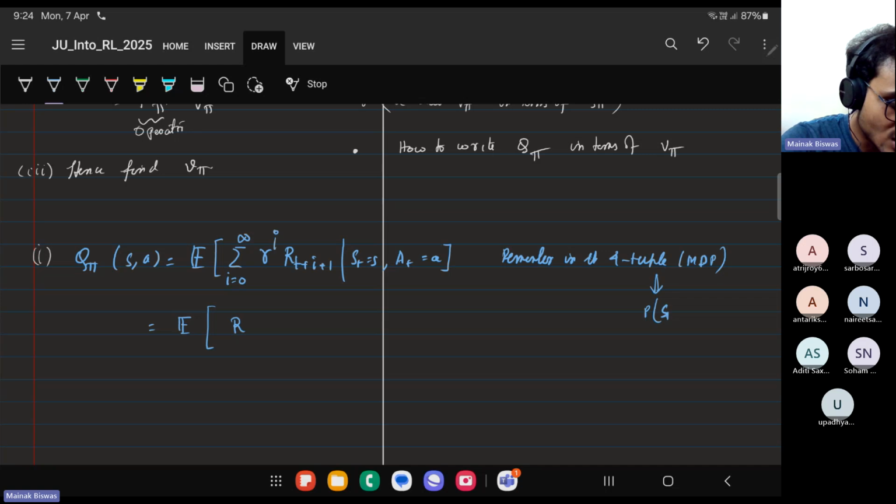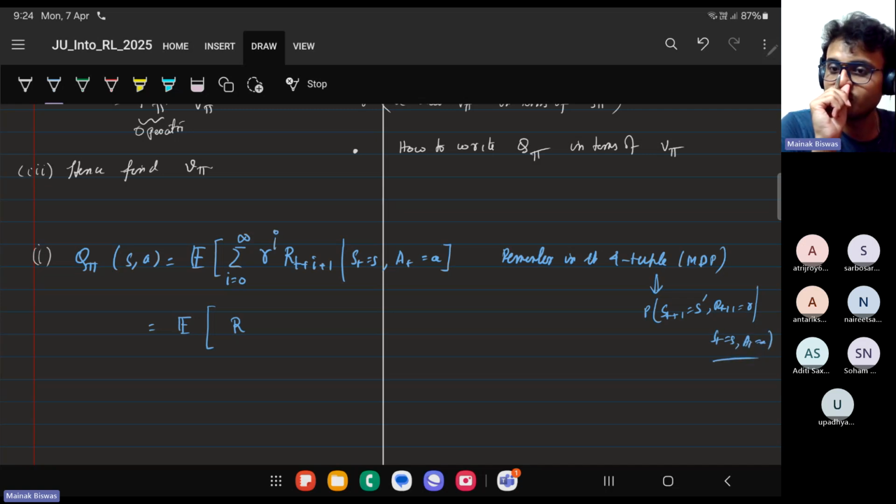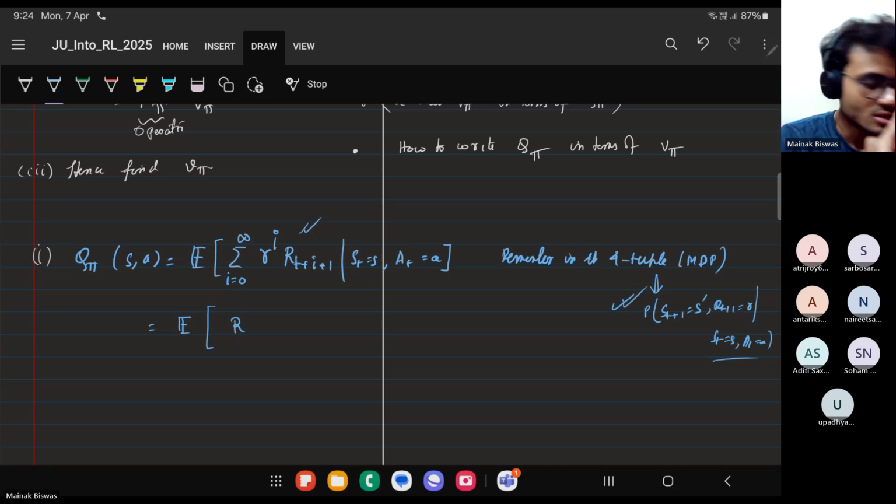The probability of S T plus 1 equal to S prime, R T plus 1 equal to R, given S T is equal to S, A T is equal to A. This is the only distribution that is given to me, not any very large distributions that are required for these expectations. So now what I'll try to do is represent everything again in terms of this 4 tuple distribution.